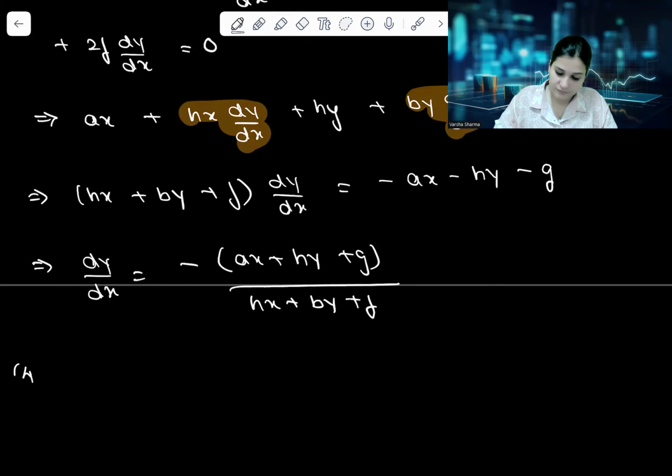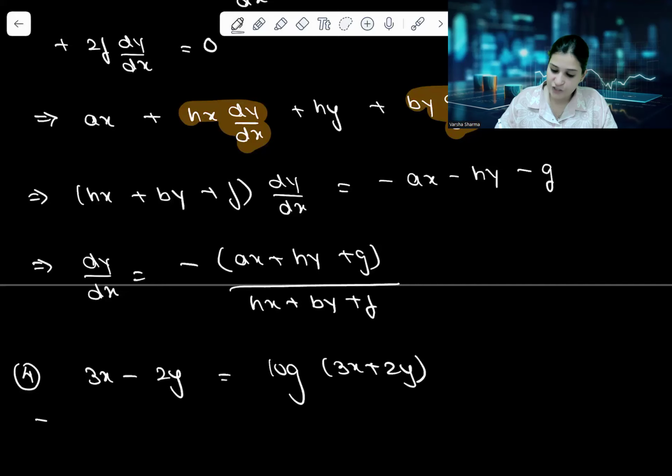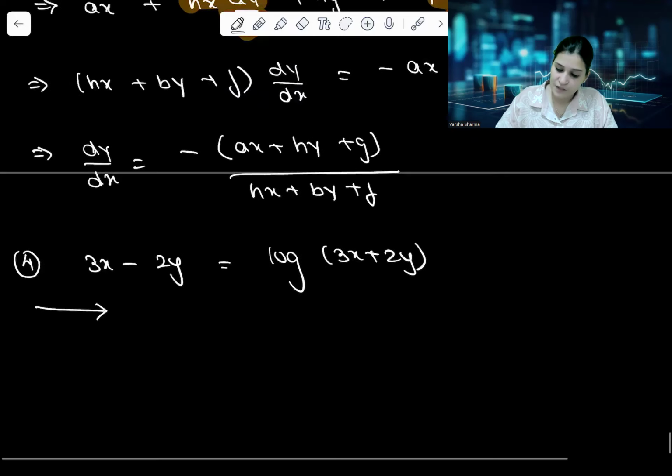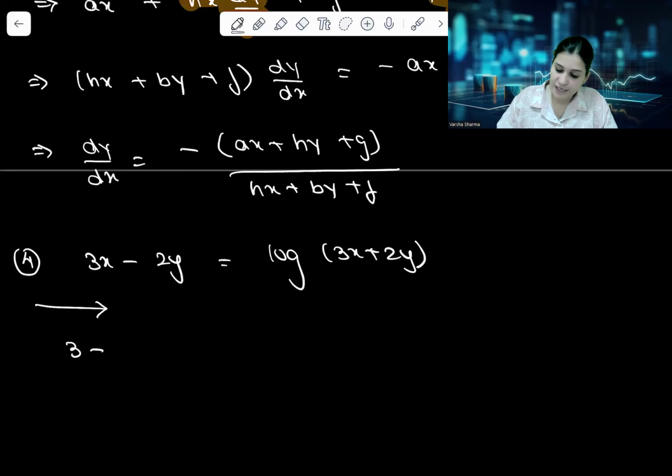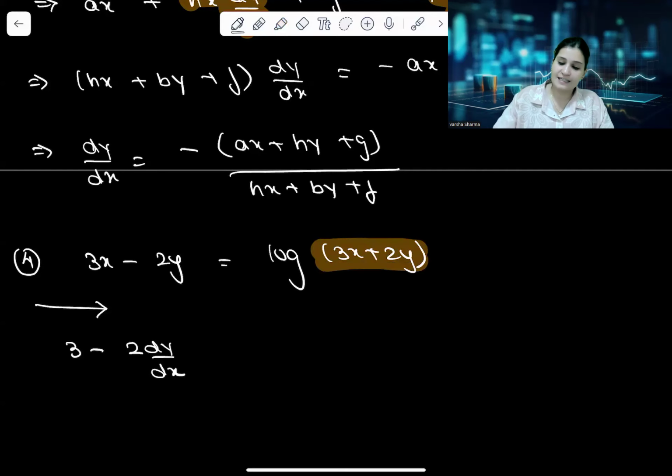Next, fourth one. 3x minus 2y equals log of 3x plus 2y. Differentiating it directly, 3x becomes 3, minus 2, y becomes dy by dx. On the right hand side, we will apply chain rule. We will treat this as log x.